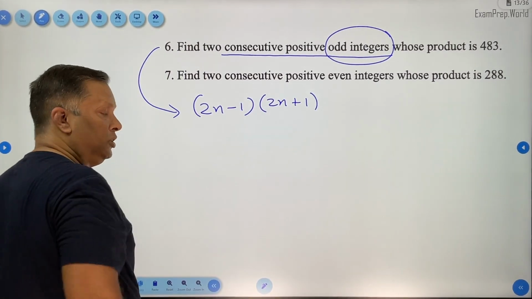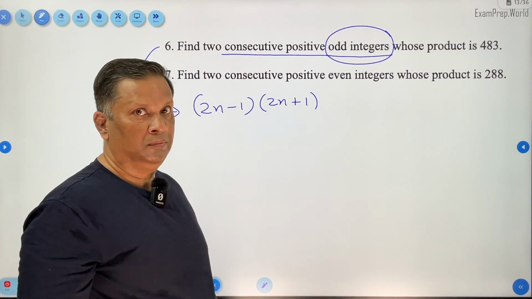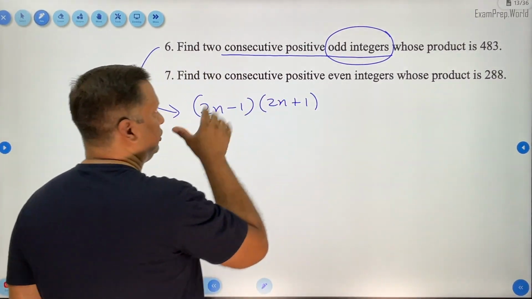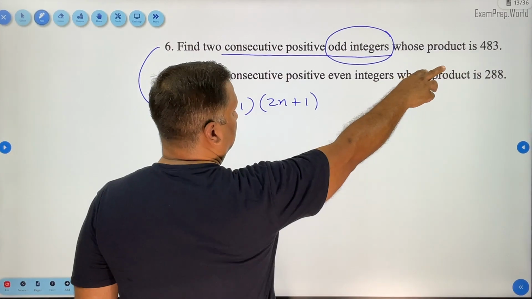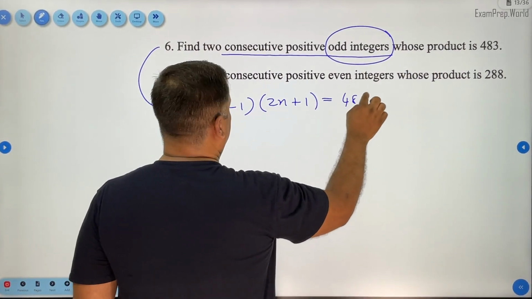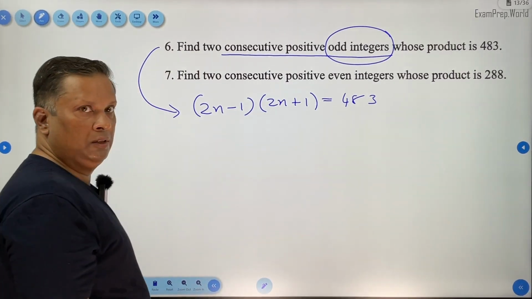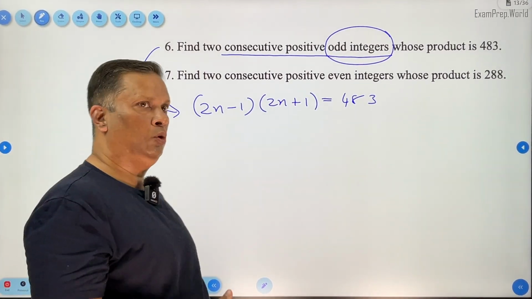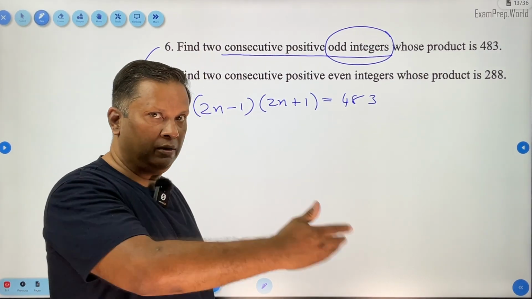These are our consecutive odd integers. And for even integers, I will show you once we solve this. The product of these is how much? 483. Correct? So one is 2n minus 1, another one will be 2n plus 1, because alternate numbers, right?